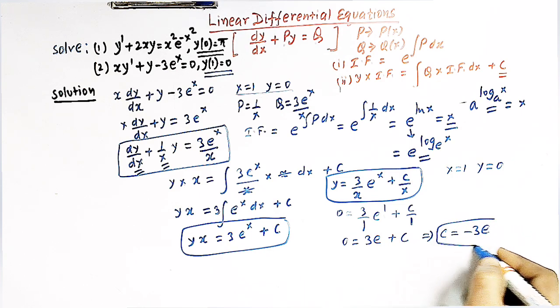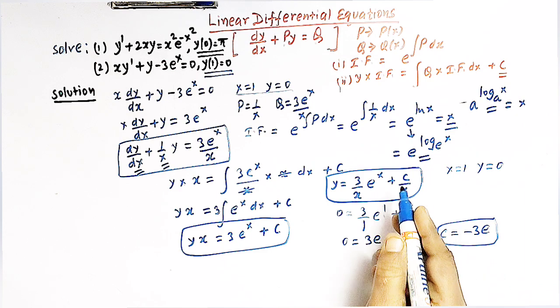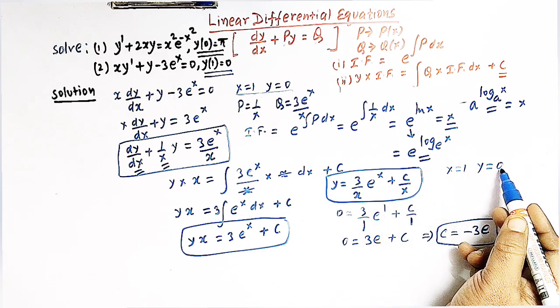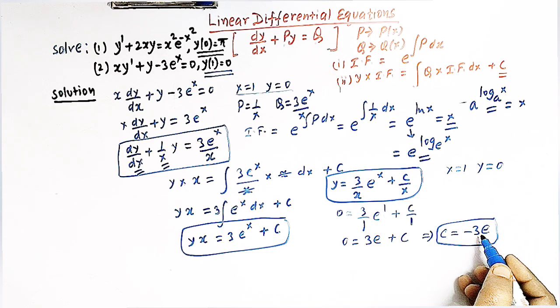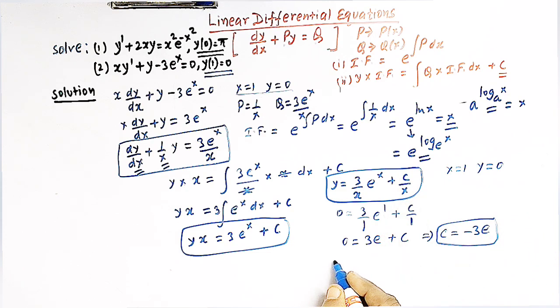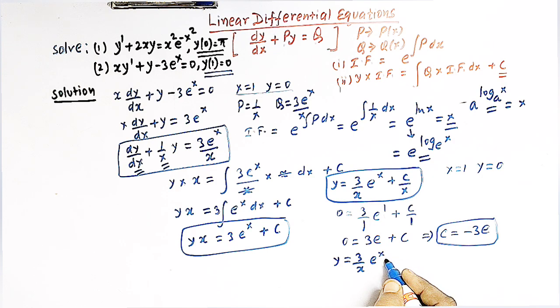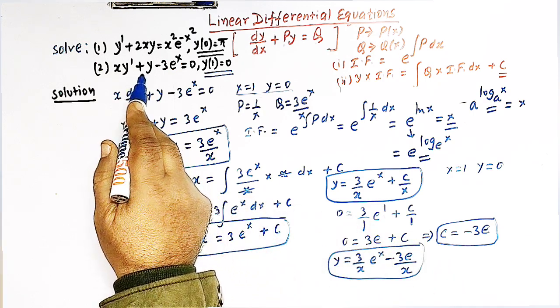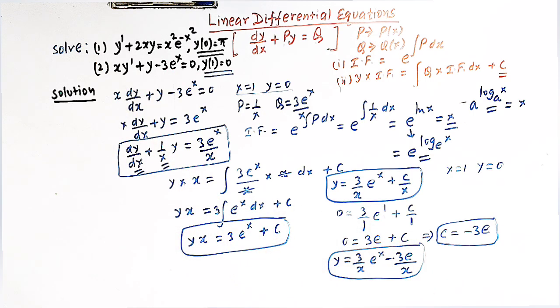So this is the value of the arbitrary constant c when x is equal to 1 and y is equal to 0. So substituting this value of c in this equation, we have y is equal to 3 over x e raised to x, and then we have minus 3e over x. So this is the particular solution of this linear differential equation.